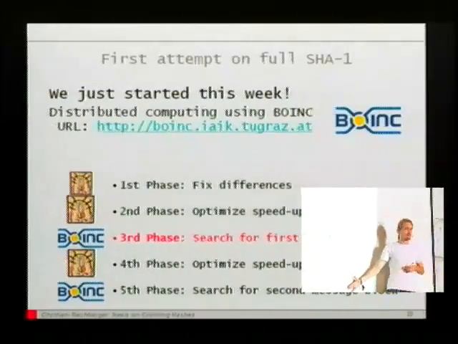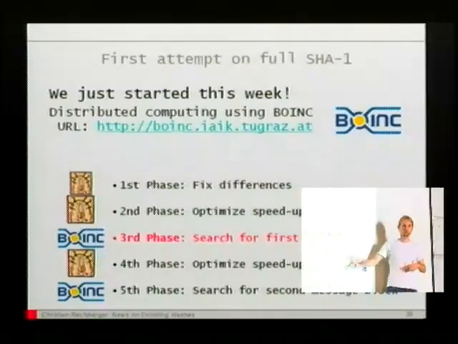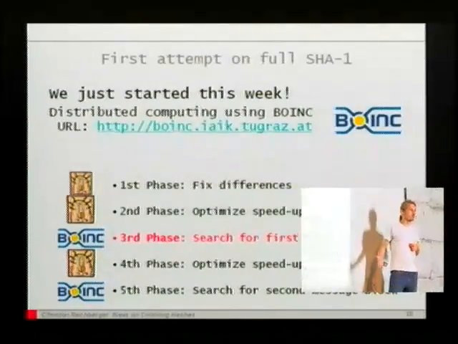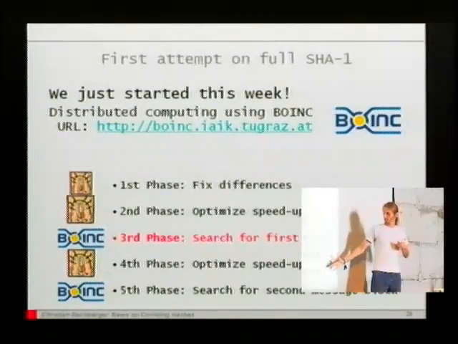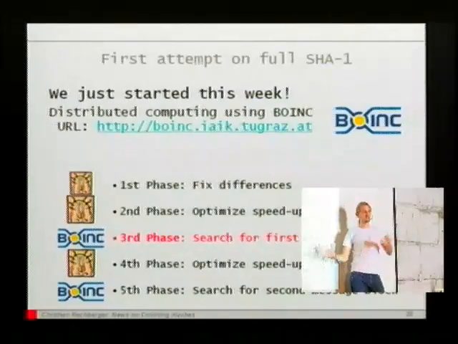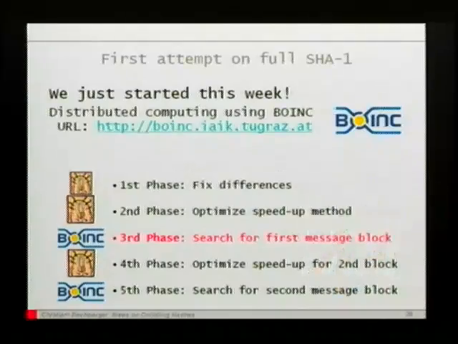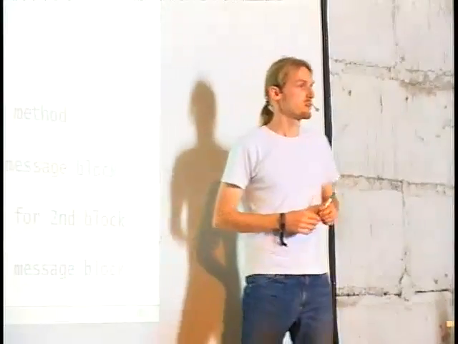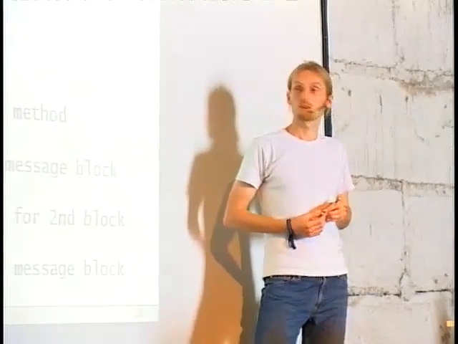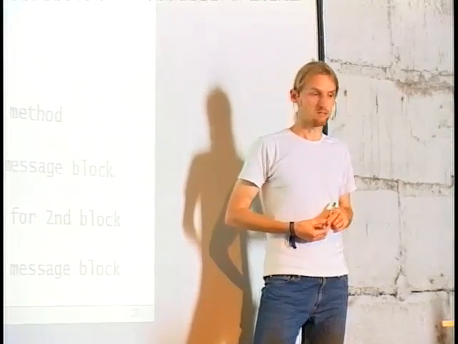And only then can we actually finish the search with a new distributed computing project, which is also looking for the second block, such that in the end, both near collisions we find here and here are expected to cancel out. Again, this will take lots of contributors and quite some time.